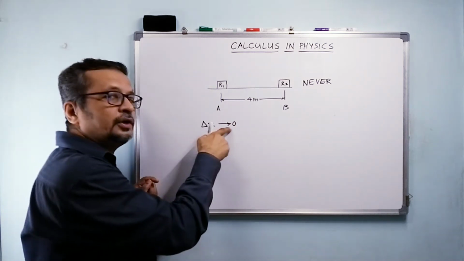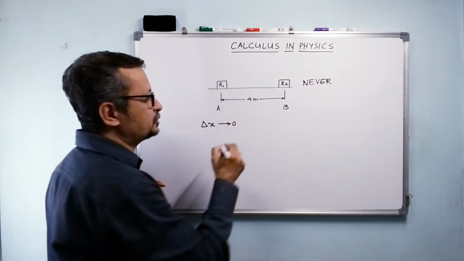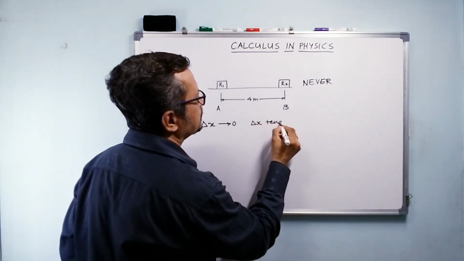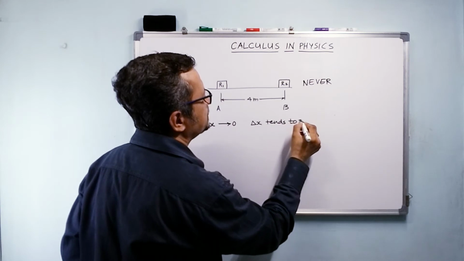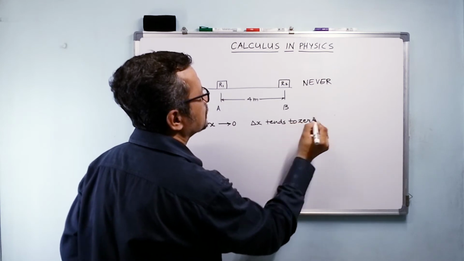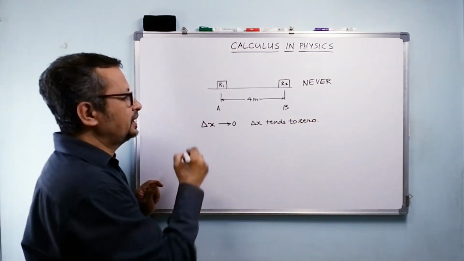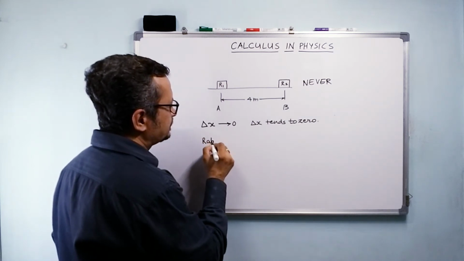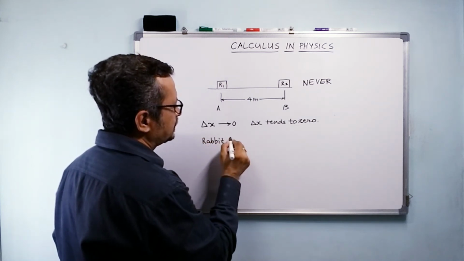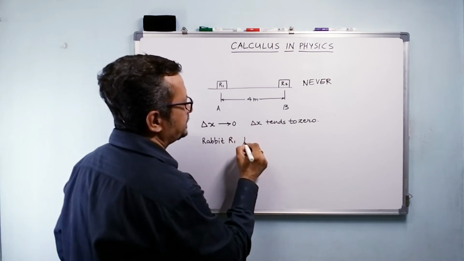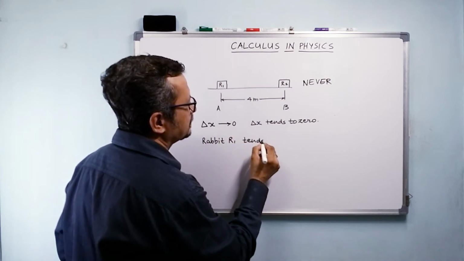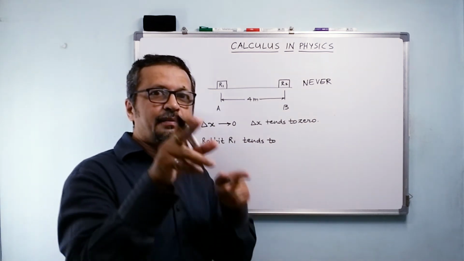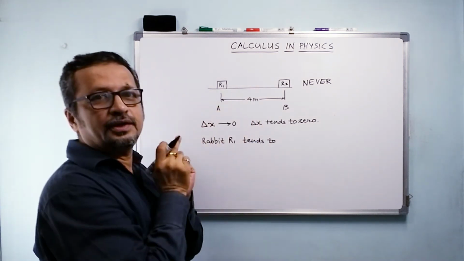So this is called delta x tends to 0. I'll write delta x tends to 0. Correct. That means when the distance tends to 0, my rabbit R1 will tend to rabbit R2.